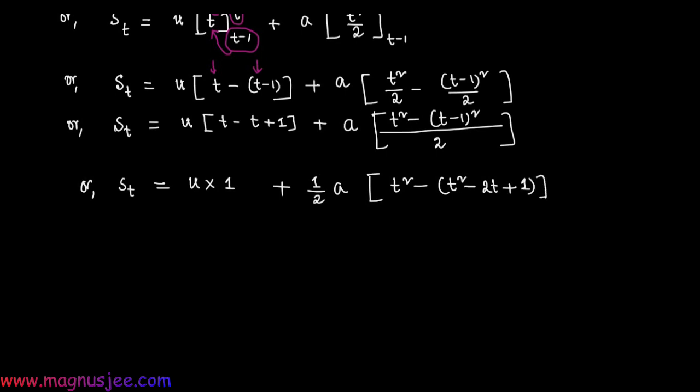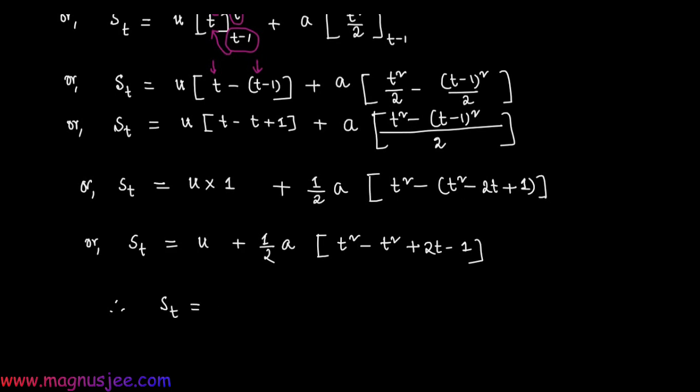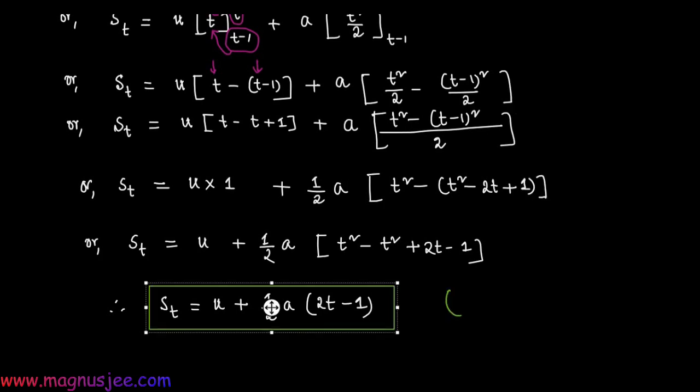In place of (t minus 1) whole square we write t square minus 2t plus 1, so s t equal to u plus half a (t square minus t square plus 2t minus 1). Therefore s t is equal to u plus half a (2t minus 1). That is the distance traveled by the body in the tth second, and hence it is proved: s t equal to u plus half a (2t minus 1).